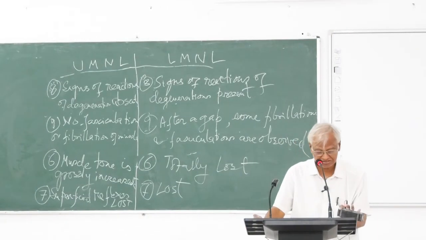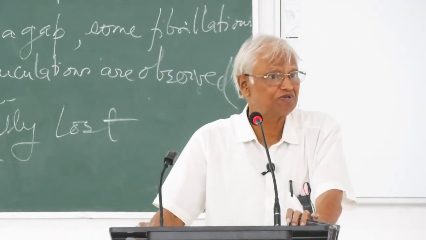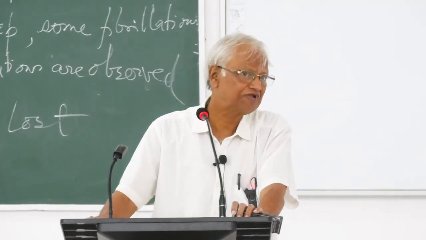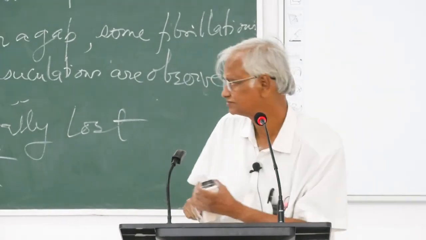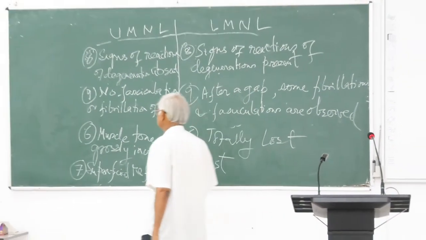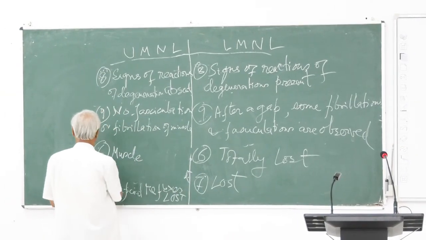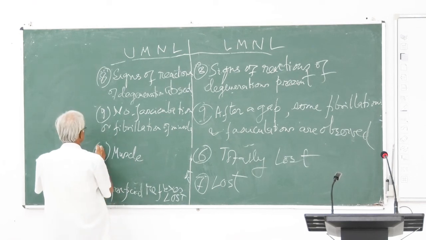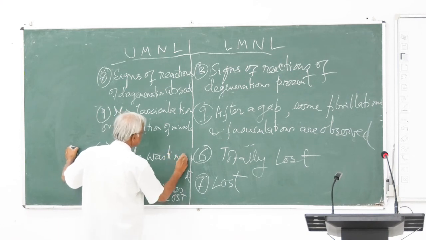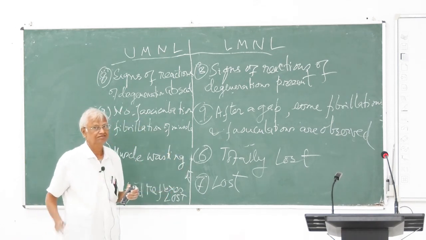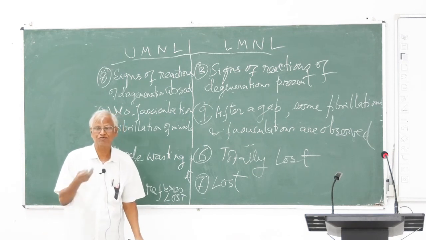Number 10 point is: in the upper motor neuron lesion, there may be muscle wasting, but it is very difficult to notice. That means muscle wasting is insignificant. Muscle wasting means loss of muscle mass, thinning of the muscle mass; both the size and the weight of the muscles decrease.